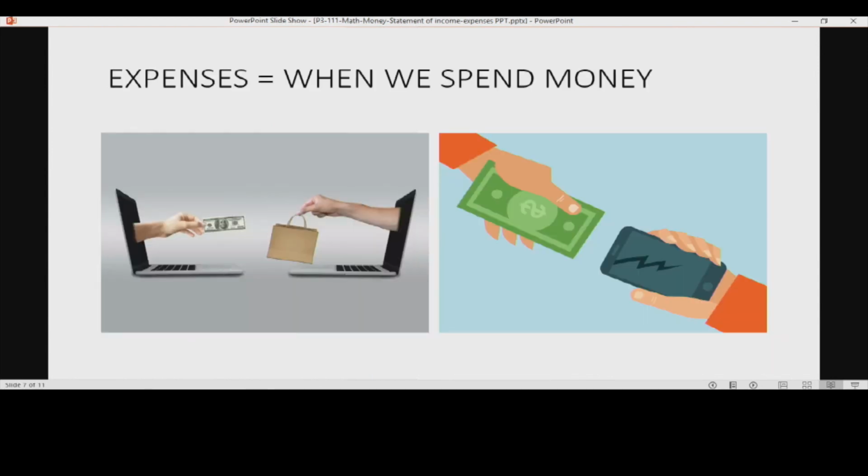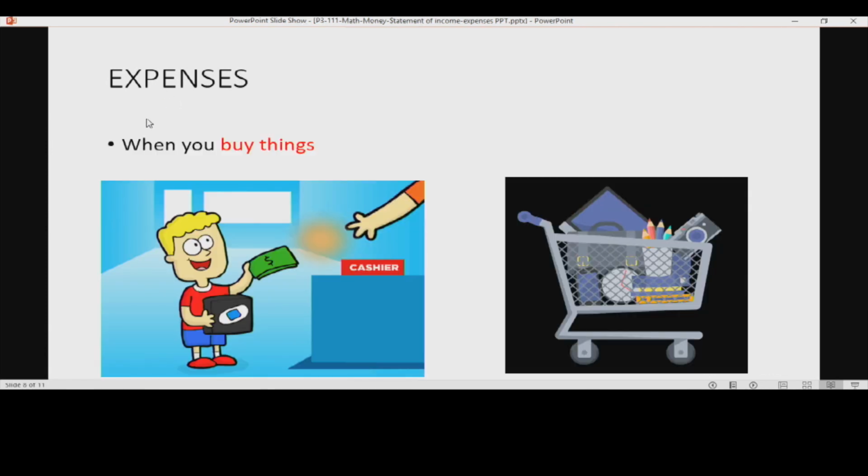Next we'll look at expenses. Expenses, when we spend money. Yes, anytime we have to pay for something, that is an expense. Such as when you buy things.